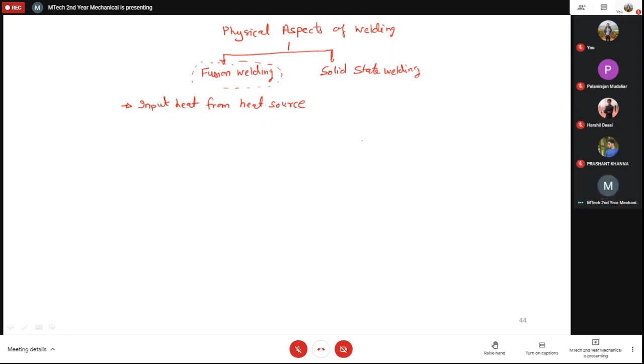But here in solid state welding, we don't have any heat source. We have the frictional heat generation. Okay, so this mechanical arrangement plasticizes the workpiece material, and it raises the temperature, which is not up to the melting point, but somewhere near the crystallization temperature, or the temperature up to which the material becomes plastic or can flow over each other. Okay, so that is the main difference between these two.